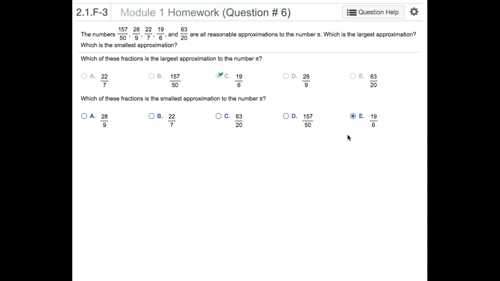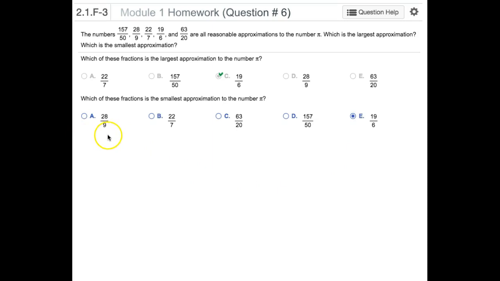So this question is really a comparing fractions question, and in order to compare fractions, what you want to do is get the same denominator. So I'm just going to look at the answer choices down here just because I have a little room to work, and I'm going to take all these fractions and convert them so that they have the same denominator.